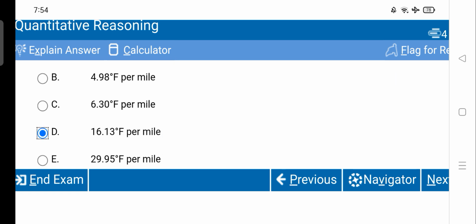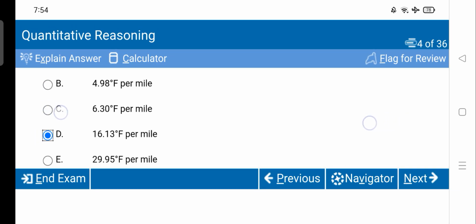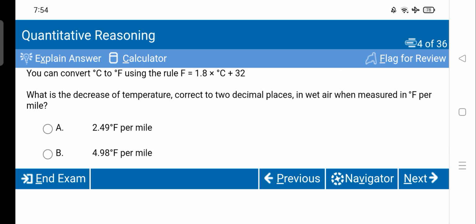So the correct option we have is option D, 16.13 degree Fahrenheit per mile is the degrees of temperature, correct to 2 decimal places in wet air when measured in Fahrenheit per mile.